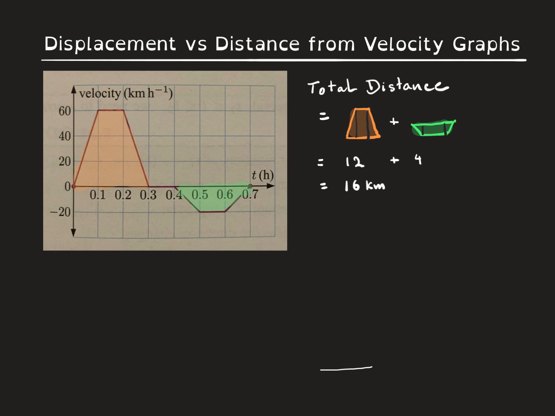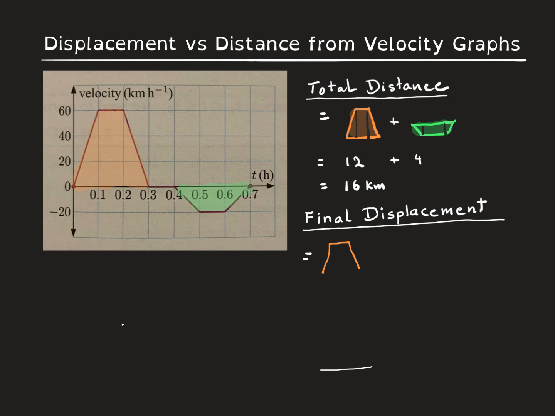On the other hand, if we want to calculate the final displacement, then we're going to need to calculate the distance forward, which is shown by the orange area, and we need to now take away the distance backwards, which is now shown by the green area.